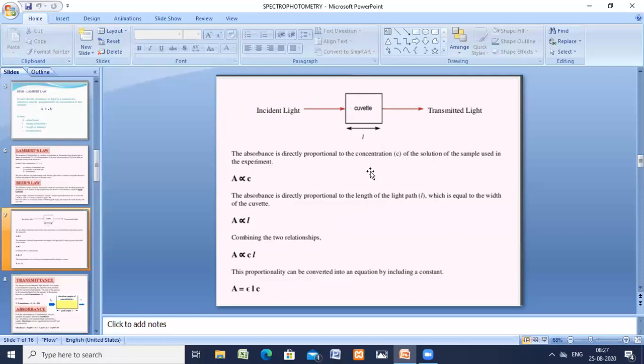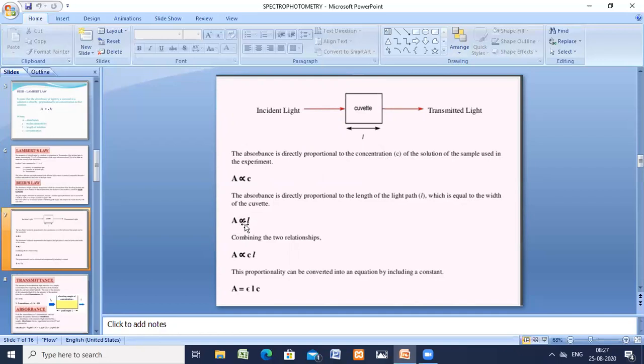Absorbance is directly proportional to the concentration of the solution of the sample used in the experiment. A is proportional to C, Beer's law.